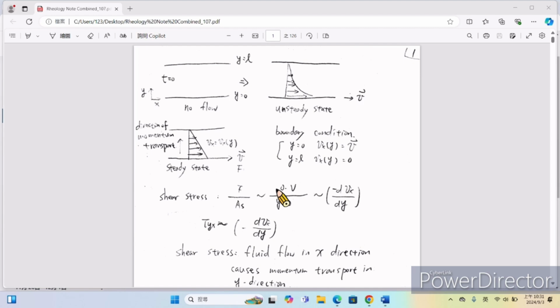So, let me start with the basic information. Starting from 4 years ago, I started to look at the foam visualization. That means in my lab, I constructed two equipment.